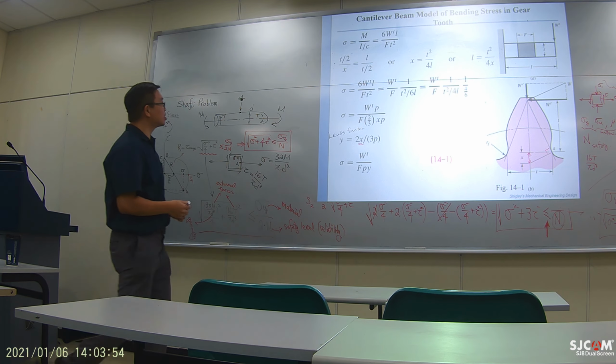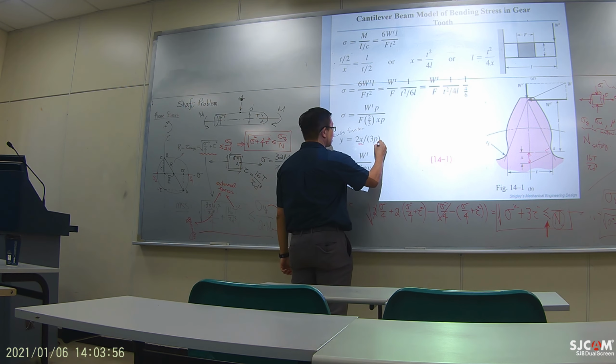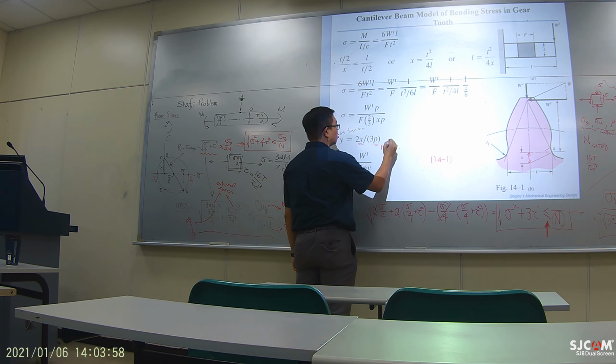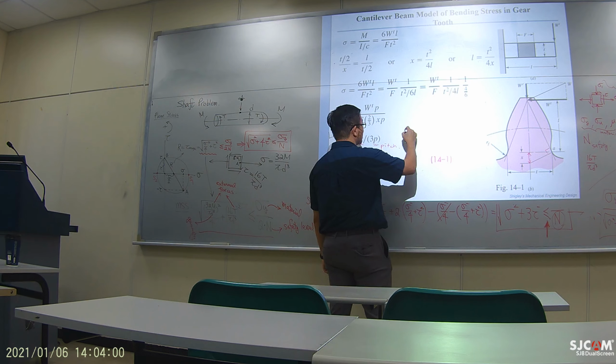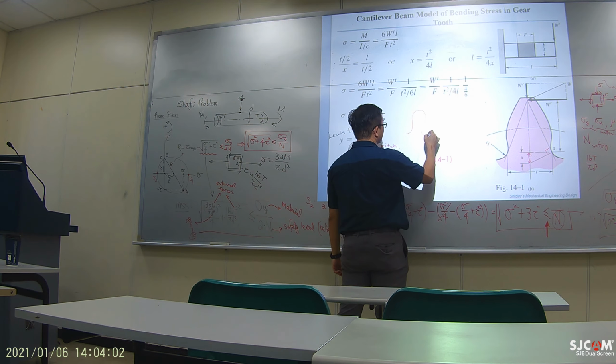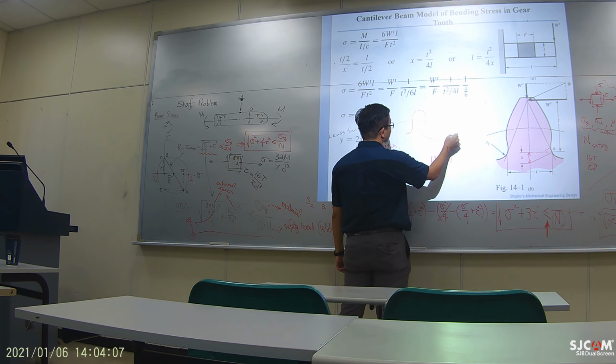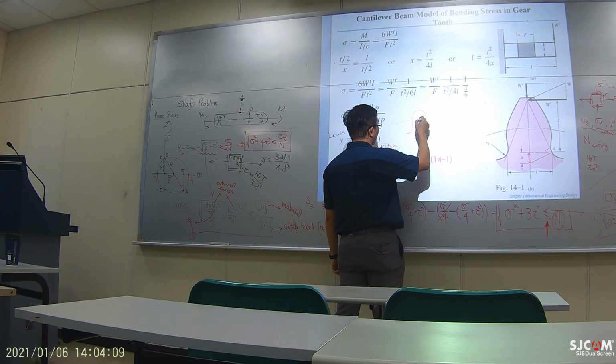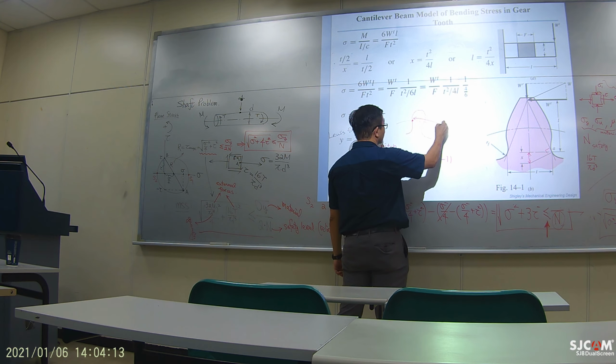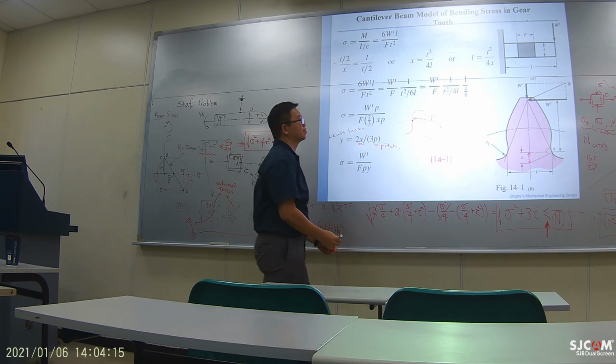And also there's a P. P is basically pitch. So you have a pitch circle, and let's say the arc length from here to here is the pitch.